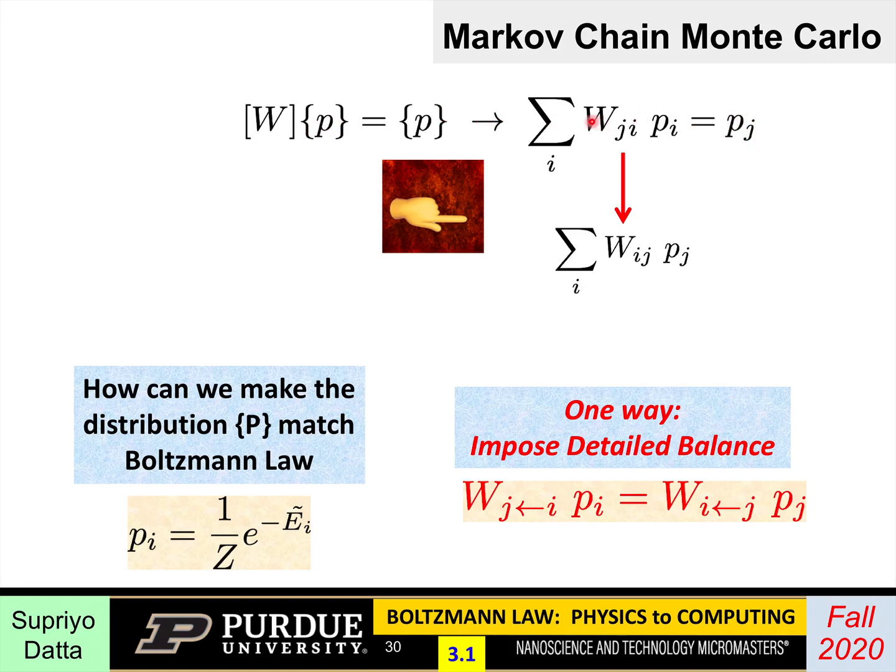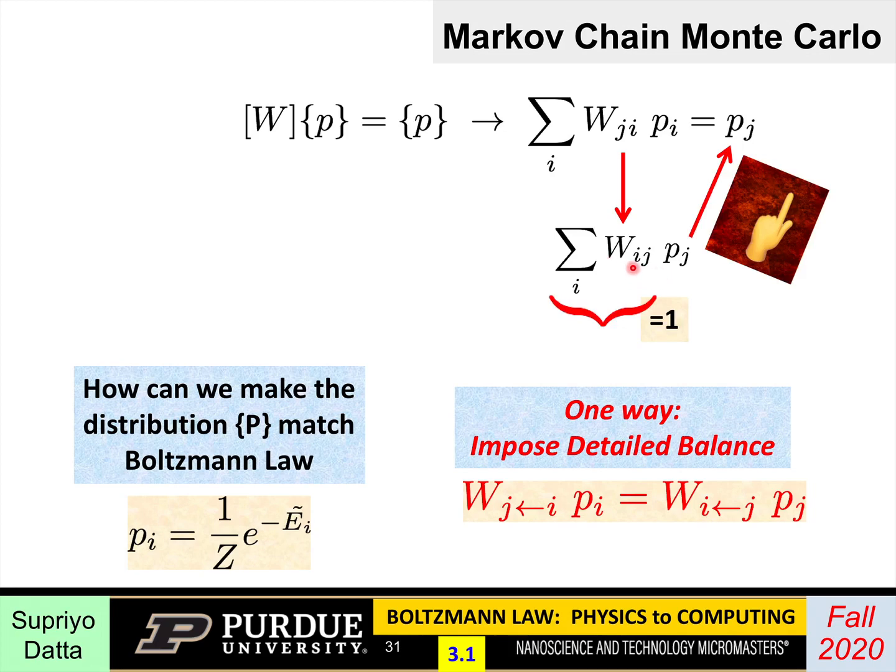So the question is, is this equal to this? And the way you can show it's equal is by using this detailed balance rule. Instead of Wji Pi, we write Wij Pj. And then we make use of the fact that W is a matrix where if you sum over this first index, which is like summing these columns, the answer is 1.